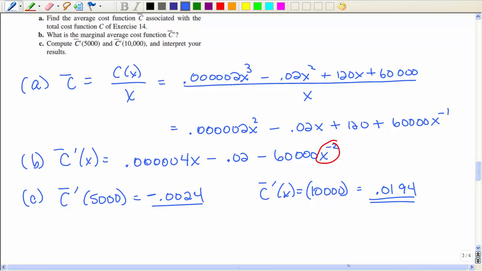It means that while we're producing up to 5,000 units, our average cost is going down, but at some point around 10,000, a little bit less, our average cost is going up. In a business model, you don't want to keep your cost rising. That's not a good thing. So you want to try to find that equilibrium point where you're not going to increase your cost.